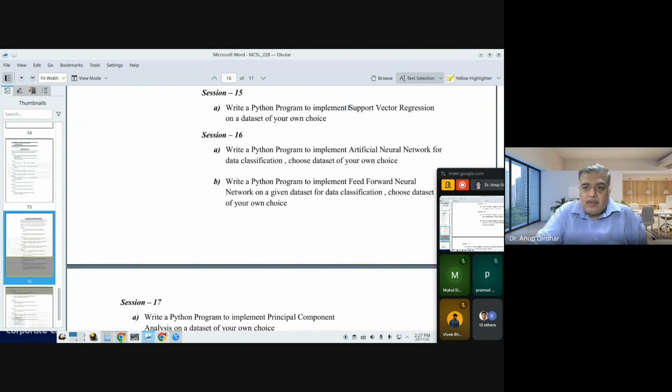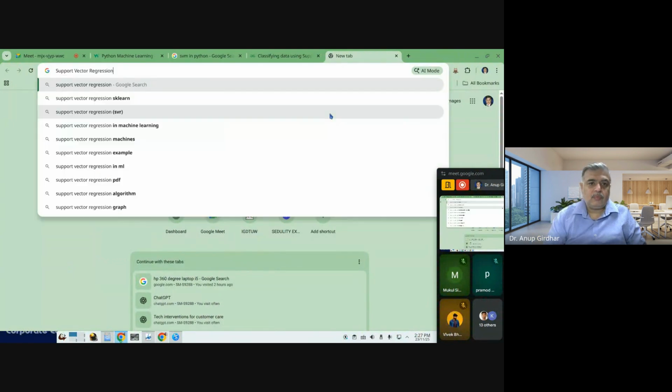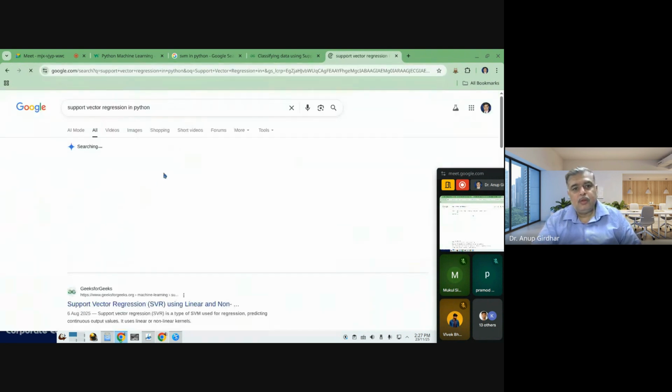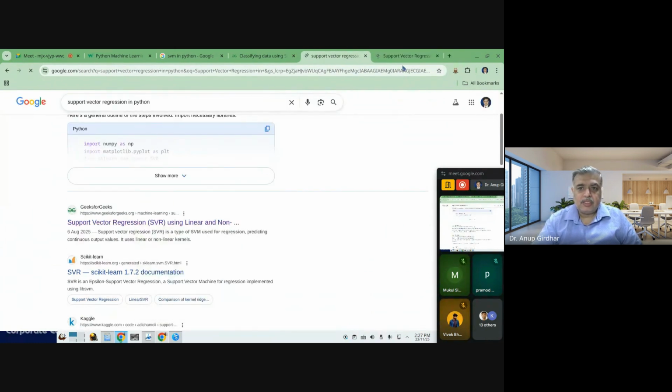And at the same time, you want support vector regression. So you can try support vector regression also. So this is SVR. One is SVM and this is SVR.